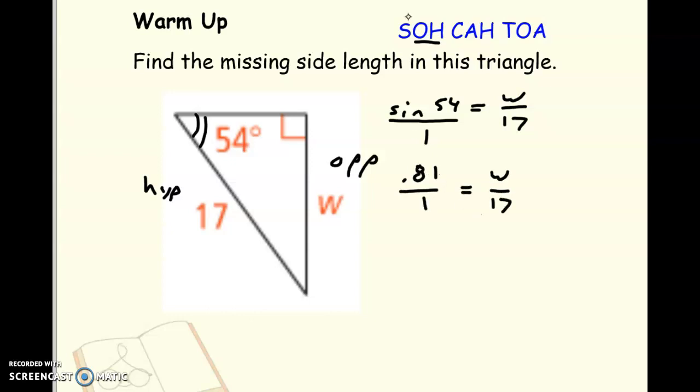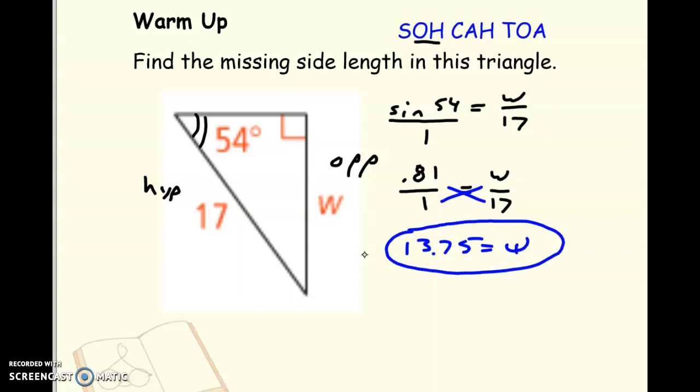And then if I do my cross products, it's just 17 times 0.81, which is approximately 13.75. And then W times 1 is just W. So our missing side here, the W side, is a little bit less than 14. Right? And it makes sense, if the hypotenuse is 17, we get something less than that for our leg here.